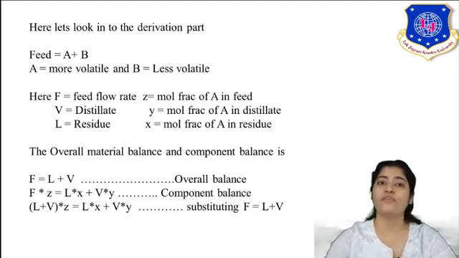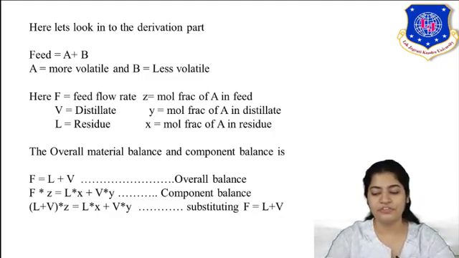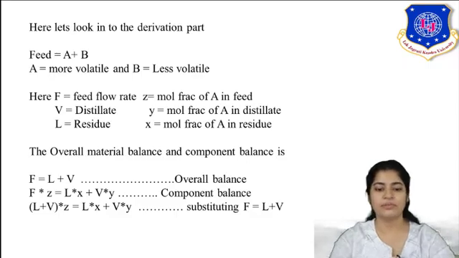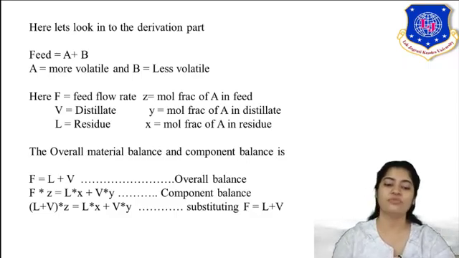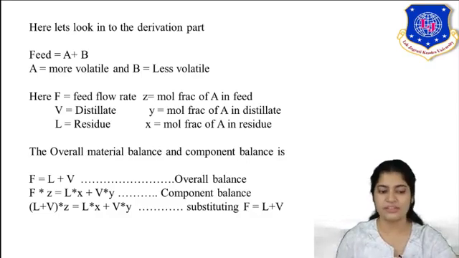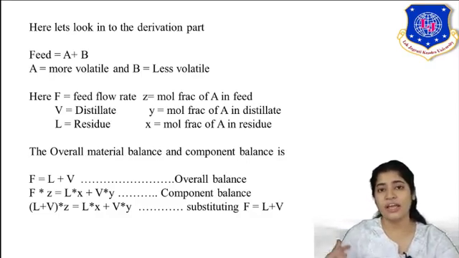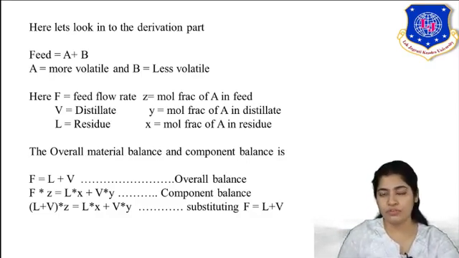So the overall material balance would be: feed is equal to liquid L, that is the residue, plus the distillate you get. Feed is equal to top product plus bottom product, that is your overall balance. Now moving forward with the component balance. Here I am talking about the amount of A present in the feed.